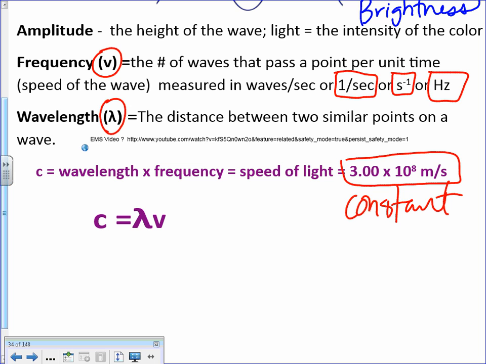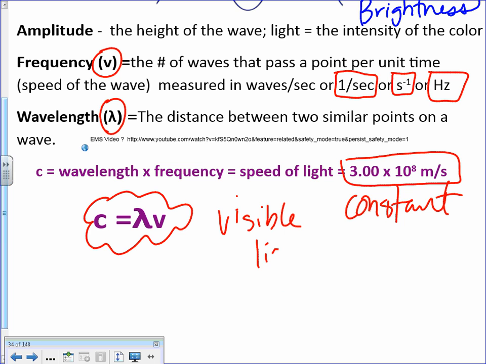So we are going to really talk about visible light first. And visible light has a narrow range of wavelengths. Because once things get too long and too fast, or too long and too slow, or too short and too fast, we can't see them anymore. Our photoreceptors and eyes just don't detect those types of wavelengths.